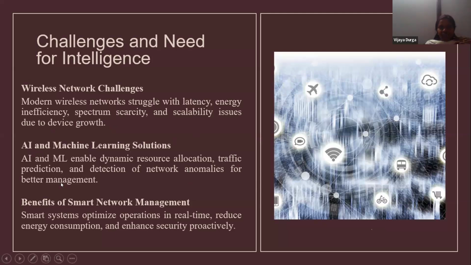Then traffic prediction. We can predict the traffic, because the number of mobile devices is increasing, and depending on the traffic, we need to give access to the mobile users, because customer satisfaction is very, very important. Depending on the dynamic traffic, we can give access to the mobile users.